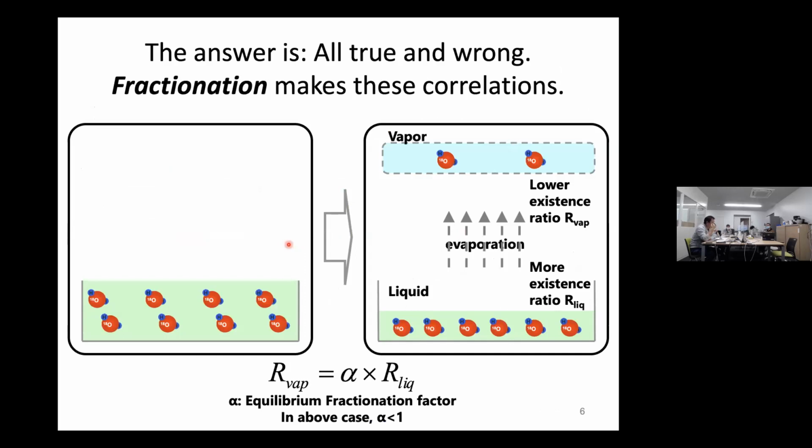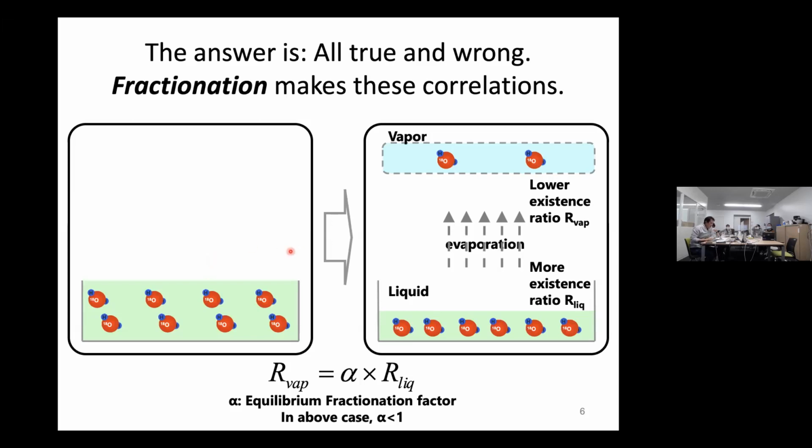Fractionation is the physical and chemical property of water isotopes. Of course, I'm not going to go into detail, but this is well known and well measured. And the fractionation is the source of all the apparent relationships.